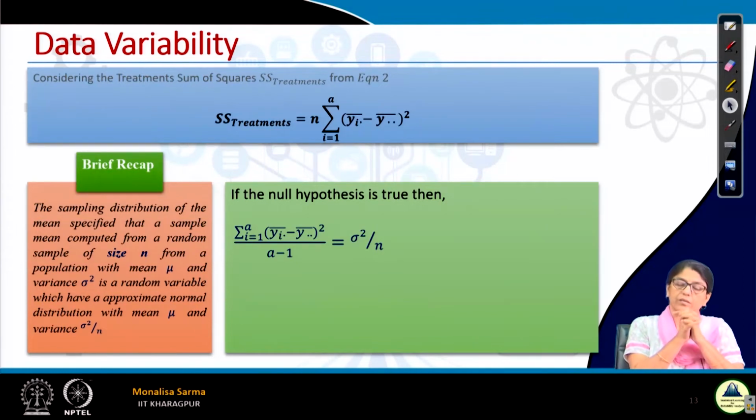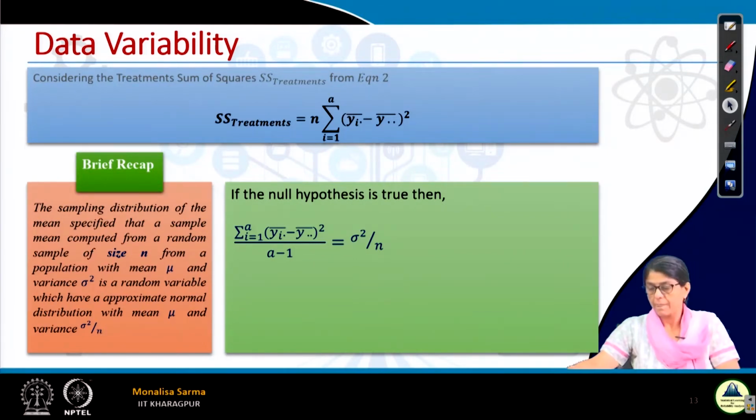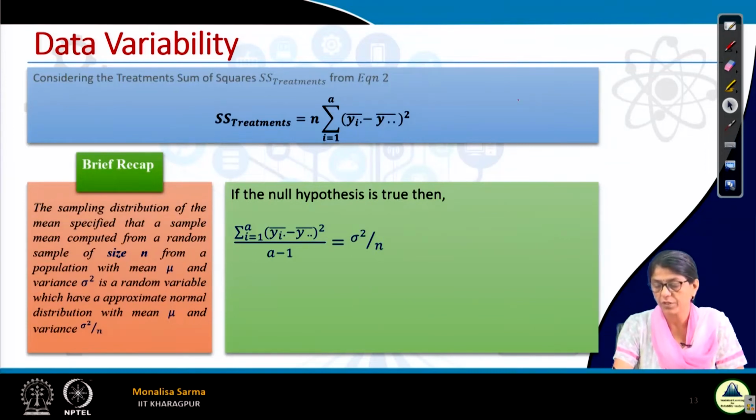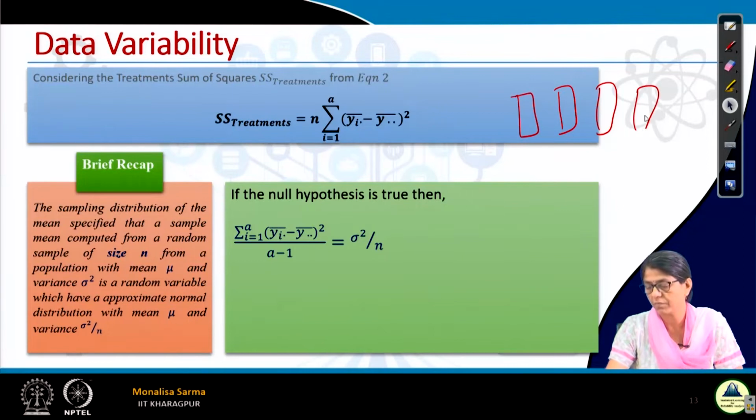Each of these samples has mean mu i, and each of these samples will have variance sigma square by n. Why? See here. Suppose there are 5 populations, we have taken 5 samples. This is sample 1, 2, 3, 4, 5.